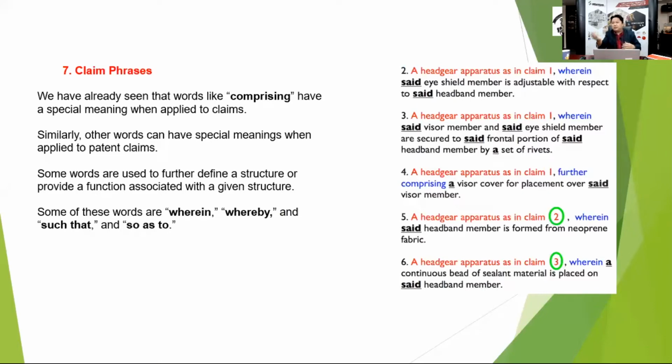The example you can actually see from my right side. This is a headgear as per claim number 1, further comprising a visual cover for placement over, something like that. So with the word wherein, you can describe more about the functionality of the invention. All right, so make use of this wherein and whereby.